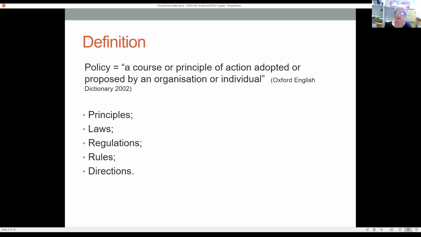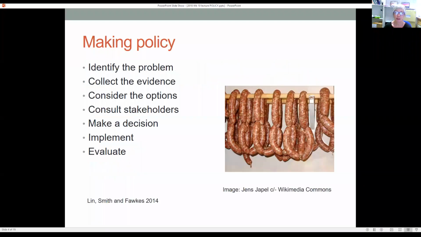And a good policy, I would suggest, is a tool that makes administration easier. Well, it's supposed to. So making a policy may well seem like a rational process, but it is often anything but a rational process. It is often complicated, and compromises are often made.